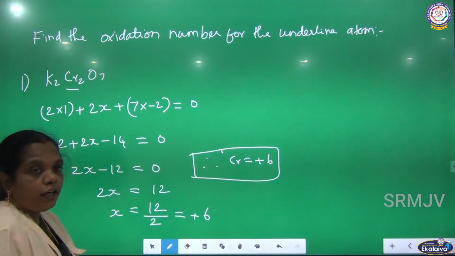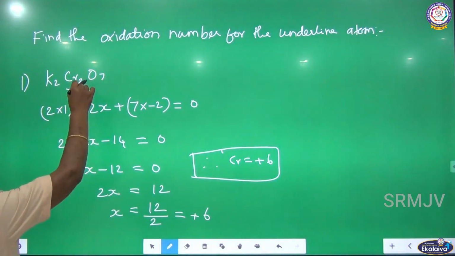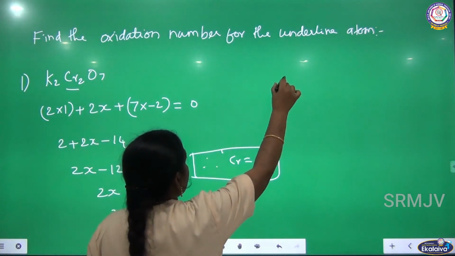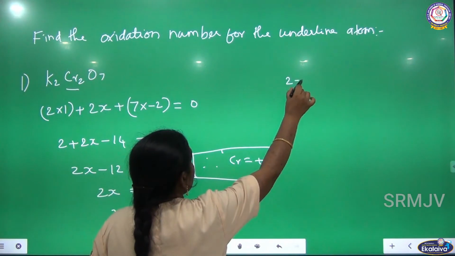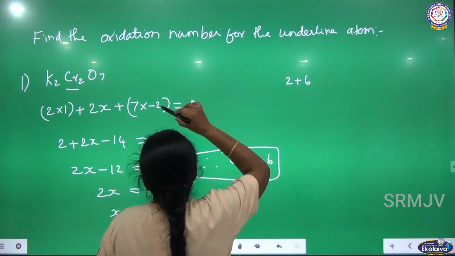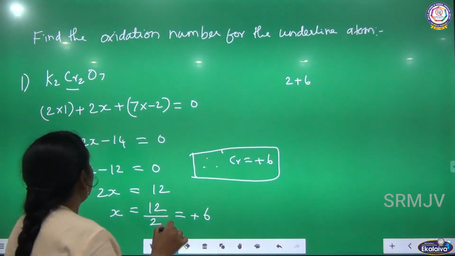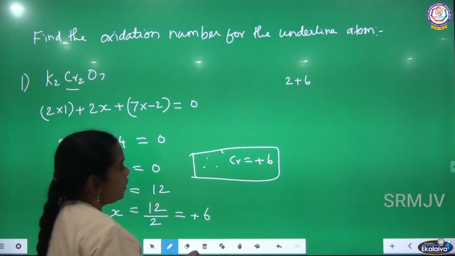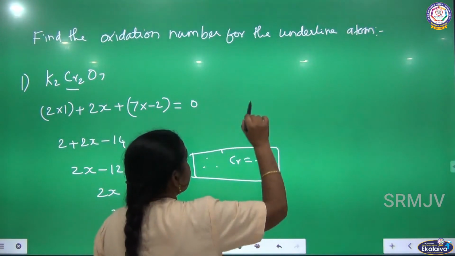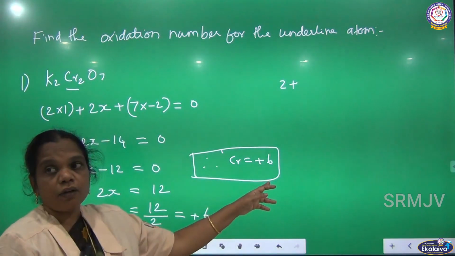Now you can see the algebraic sum of this. You have to check: +2 plus 6, and how many chromiums are there? Now see this, you have to find the algebraic sum. So 2 plus, 1 chromium has +6 oxidation.